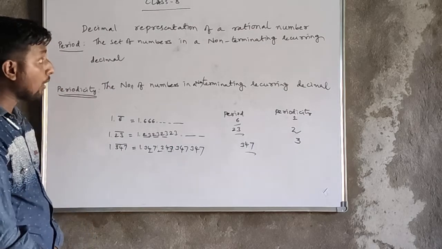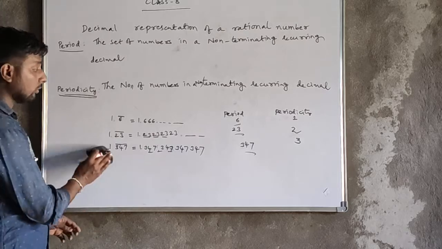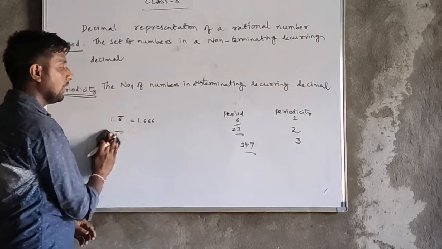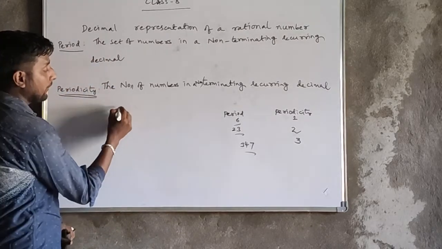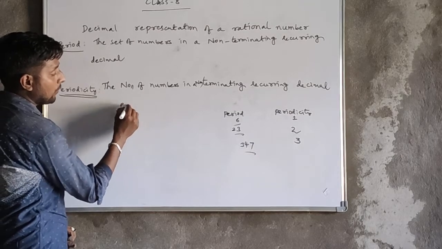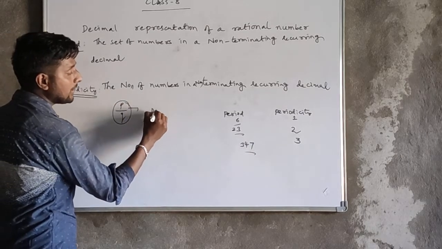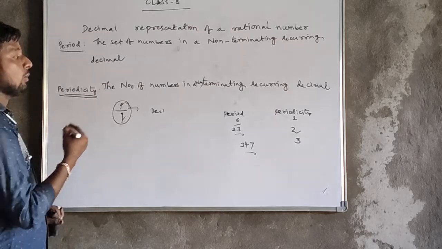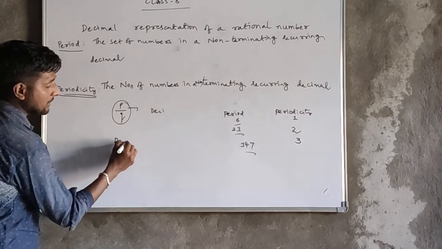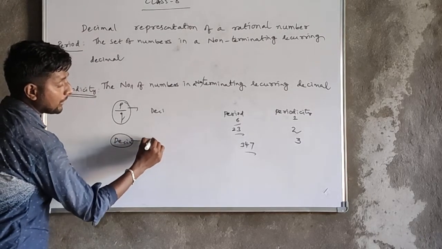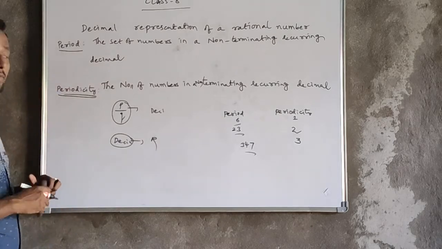Okay. So how to write in a rational form? Now we learned, if I give a fraction in p by q form, then we can convert into decimal form. Correct? Now my question is, if I give the decimal form, will you convert into rational? We'll see.